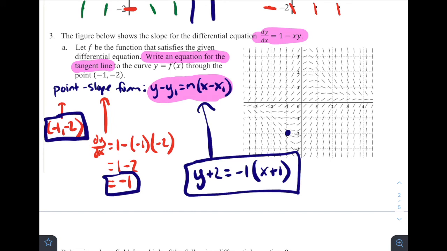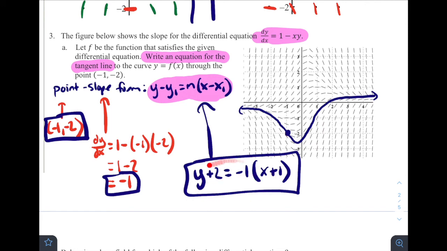If we were to sketch the solution, following those slope field lines, it looks like something going like this to the left, then down here, and then something that looks like this to the right. Maybe it's not exact, but if I follow those slope field lines, we've essentially got something like this.